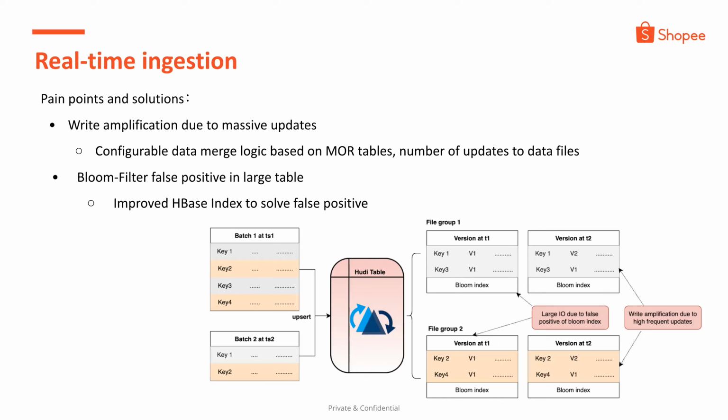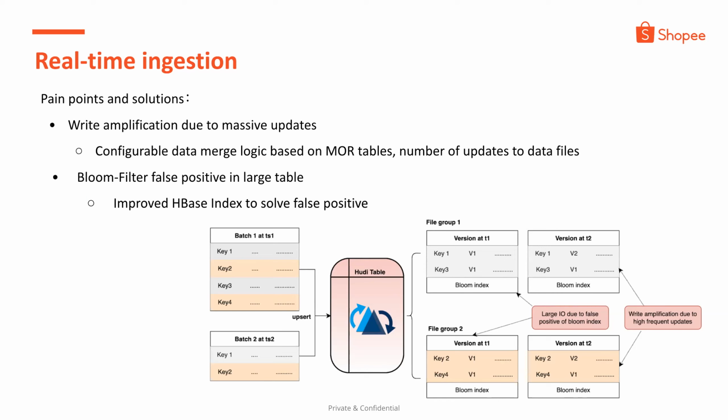In our real-time build process, the most common problems are of about 2 types. One is that the user can fix the type of table with massive updates in old partitions as a copy on write table, which leads to write amplification.